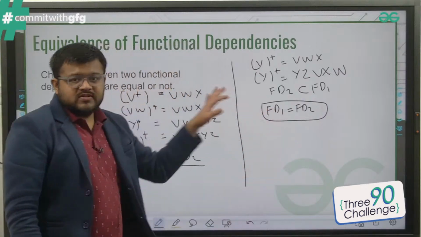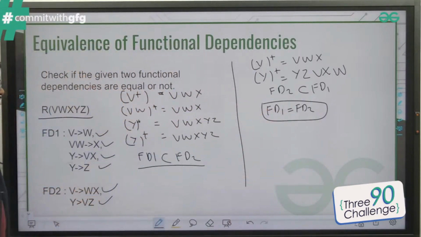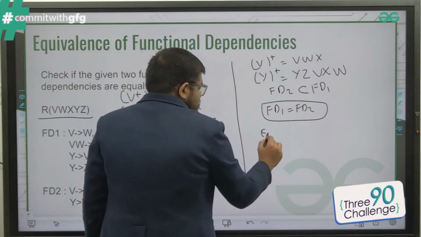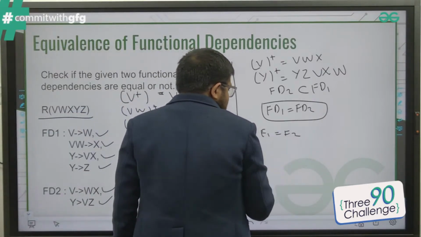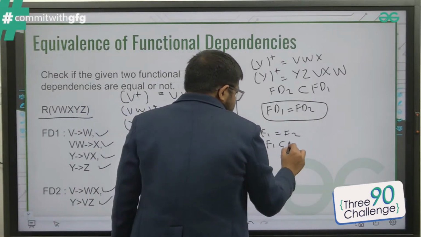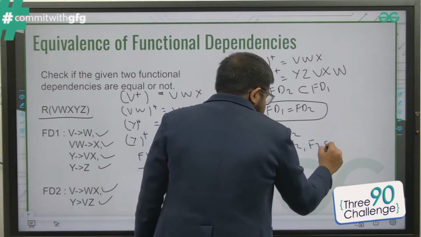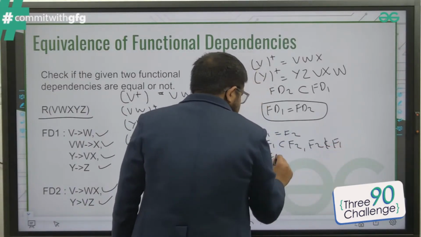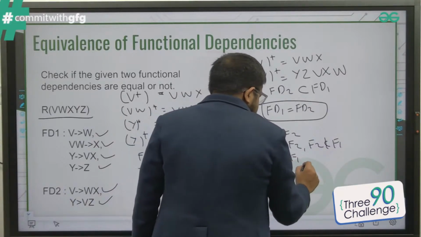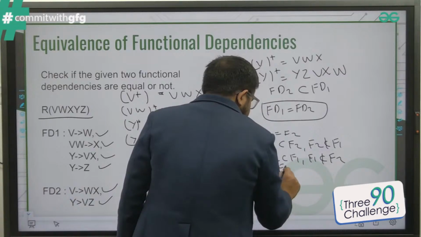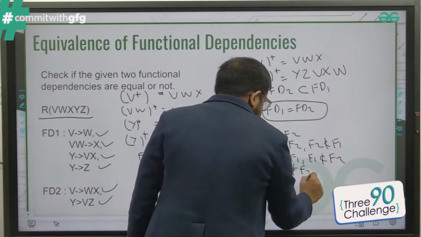Okay, so this is for this set. What can be the different possibilities? One is functional dependency set 1 is the same as functional dependency set 2. Another is set 1 is a subset of set 2, and set 2 is not a subset of set 1, or set 2 is a subset of set 1 and set 1 is not a subset of set 2, and the fourth one is they are not equal.